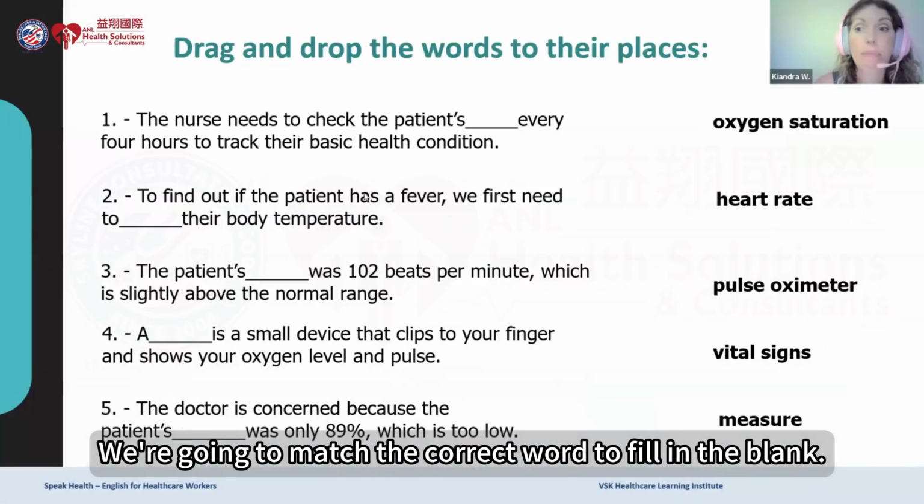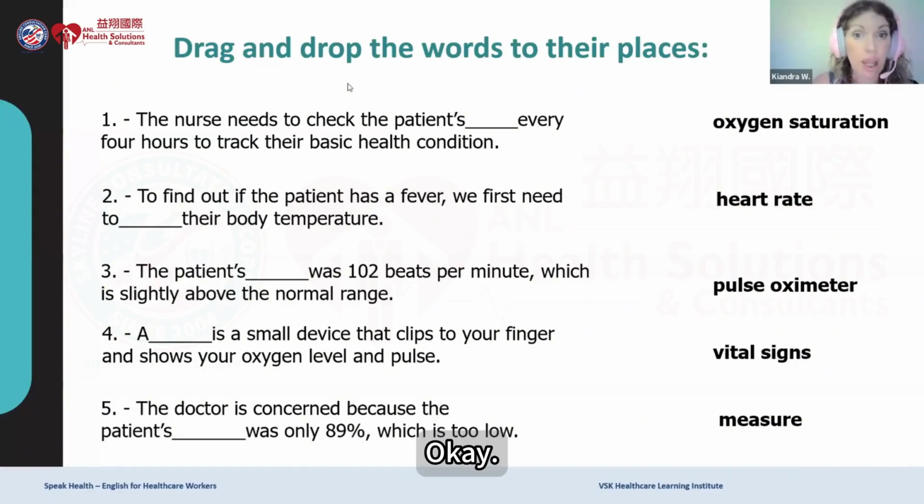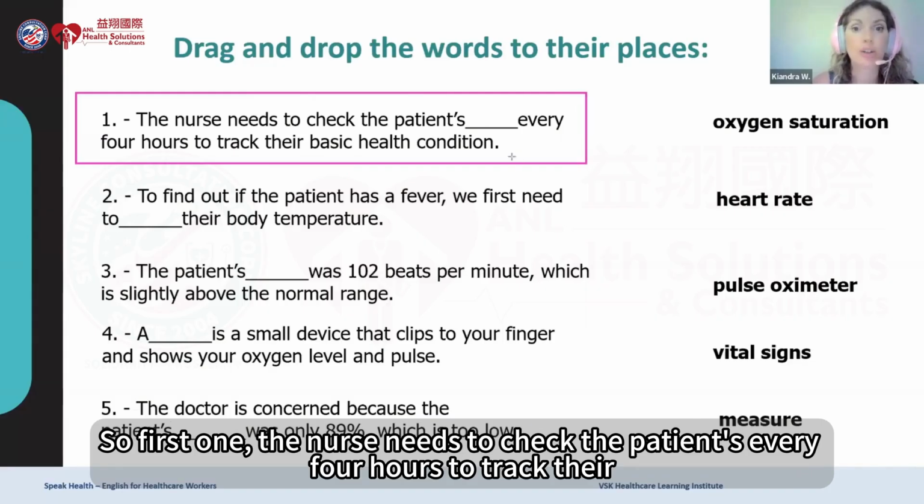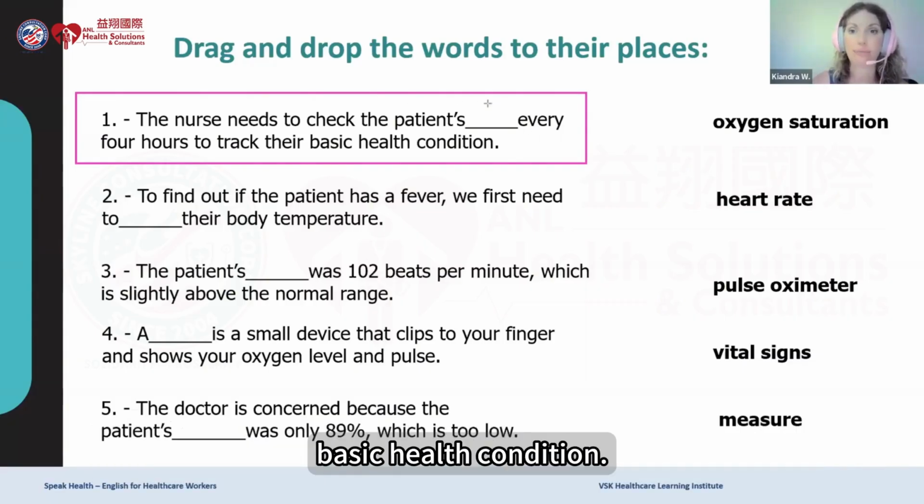We're going to match the correct word to fill in the blank. Okay. So first one, the nurse needs to check the patient's blank every 4 hours to track their basic health condition.